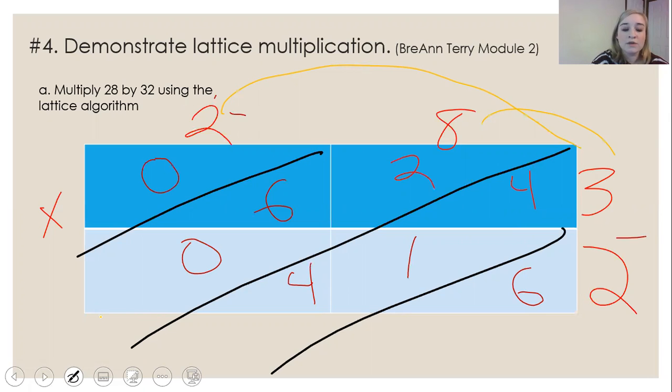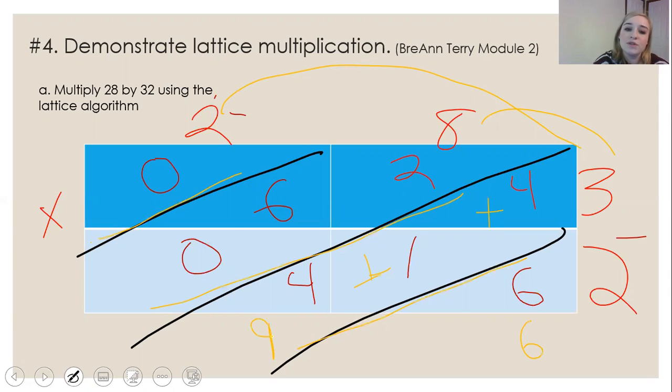Now, you can see here there's rows. I've drawn these lines here to represent the rows. So we're going to add everything together in the rows. Here we just have 6. There's nothing to add to. And then here we're going to put some plus signs. So 4 plus 1 plus 4 is 9.